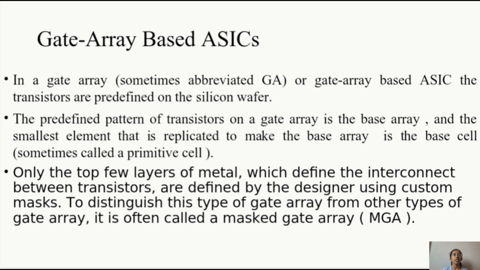The next one is the gate array based ASIC. The gate array is sometimes abbreviated as GA. In a gate array based ASIC, the transistors are predefined on the silicon wafer.